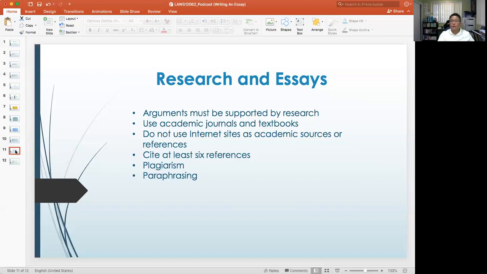If you want to talk about COVID-19, you're not even going to be relying on an ordinary GP who hasn't done research about COVID-19. It should be somebody who has done research or has done extensive reading about the topic. If you want to read about alternative dispute resolution, you will be citing academic journals written by experts, academics, practitioners who are very familiar with and knowledgeable about the topic.